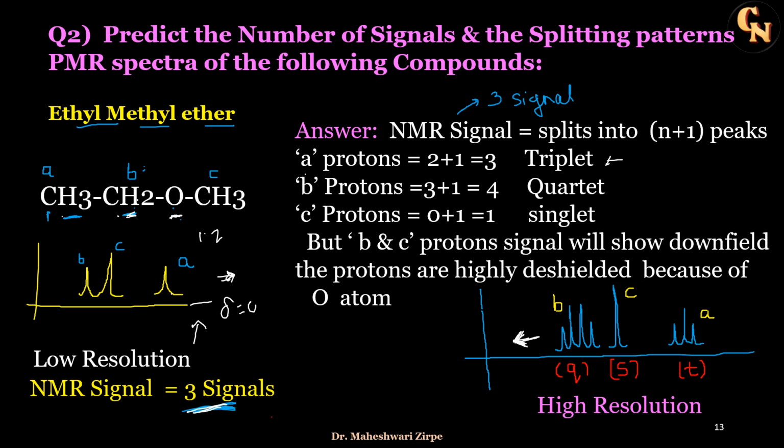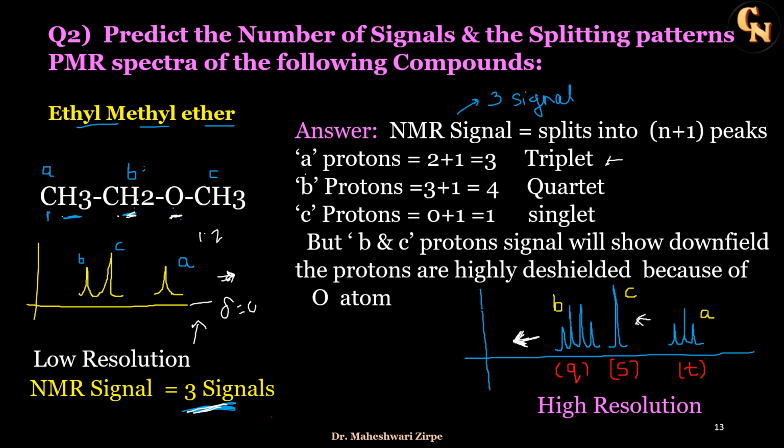Because it is directly attached to the oxygen, so after the A protons it will be towards the downfield again. So B and C proton signals will show at downfield and are highly de-shielded because of the oxygen atom.